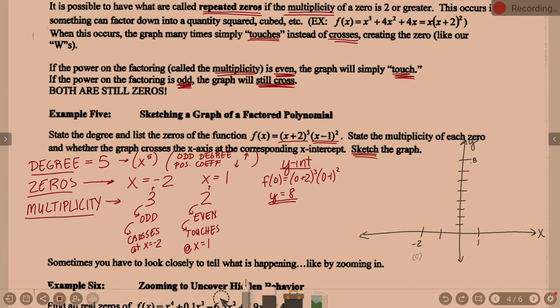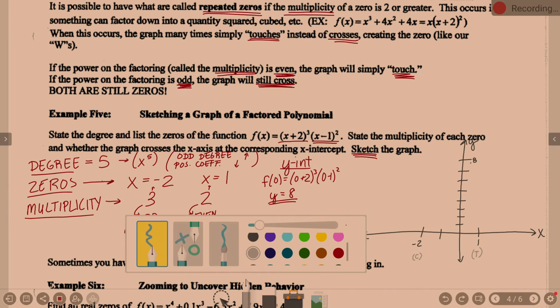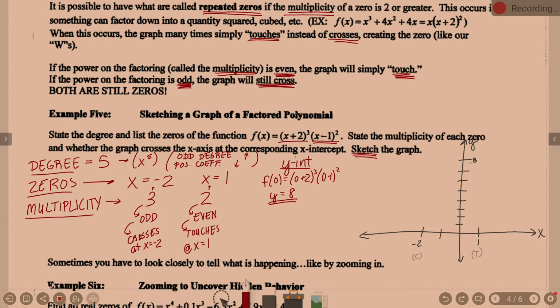We're going to be touching. Again, it's not something you have to do, but that's my brain's notation of what is going to happen here. And then we know we have to cross through. So we know that there's a 0 at negative 2. There's a 0 at 1. And we also know we have to cross through a y-intercept of 8.